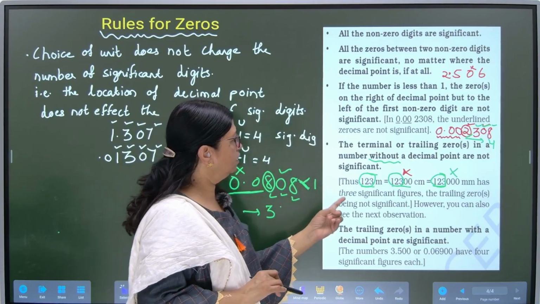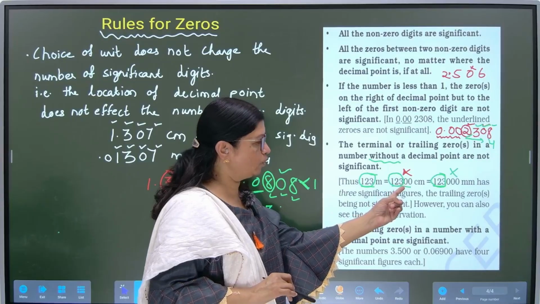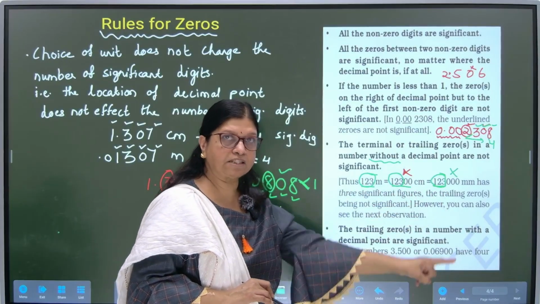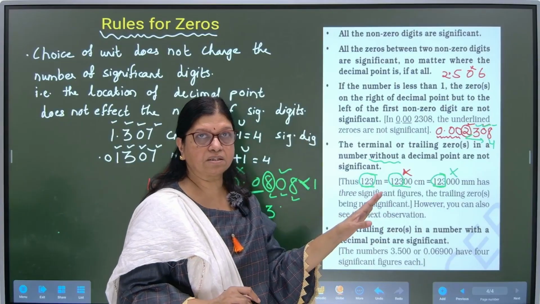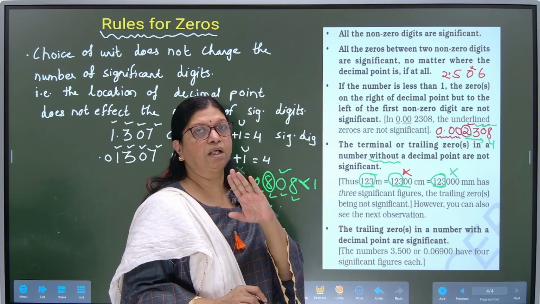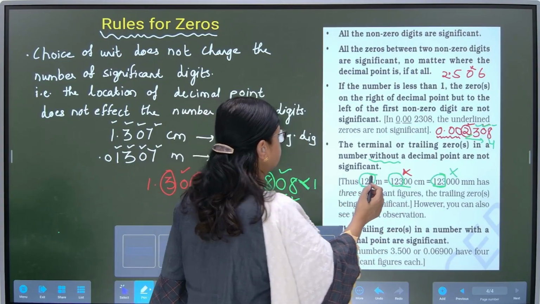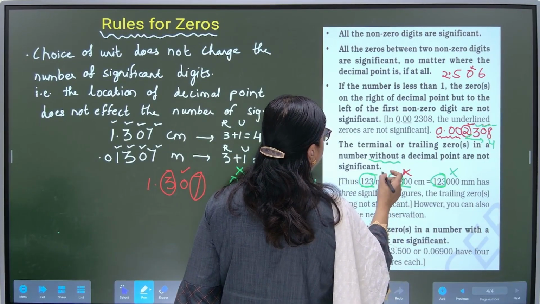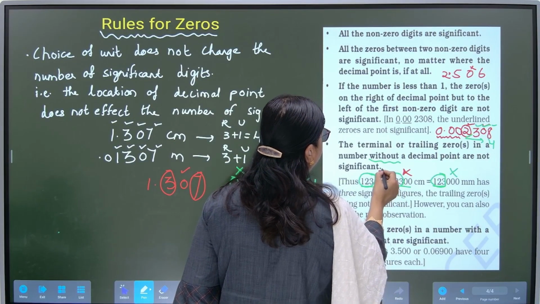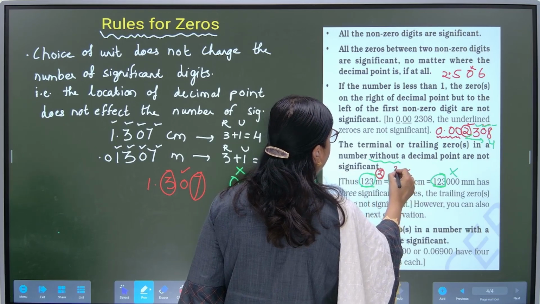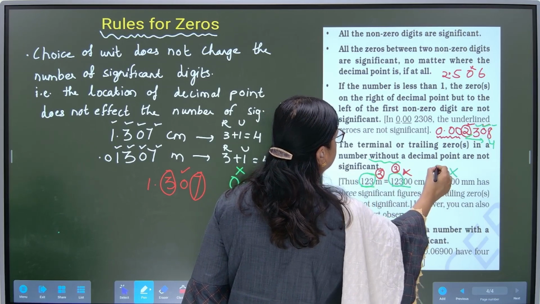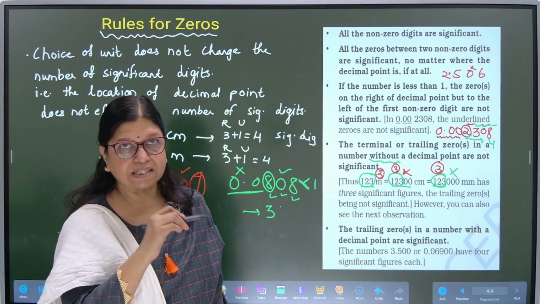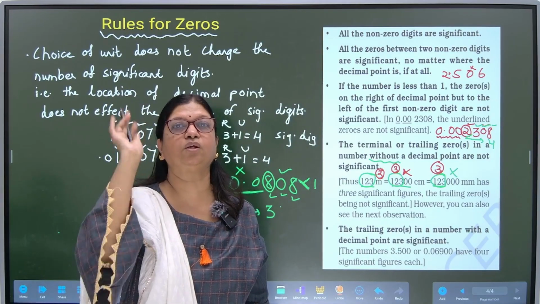So though there are zeros in this measurement and in this measurement, they cannot be considered as significant digits. So in this case, I have 3 significant digits, here also 3 significant digits, here also 3 significant digits, though these numbers have trailing zeros.